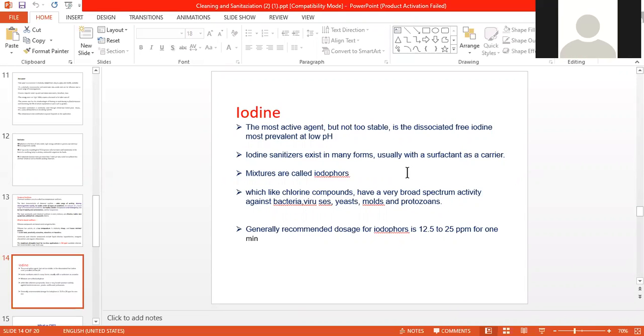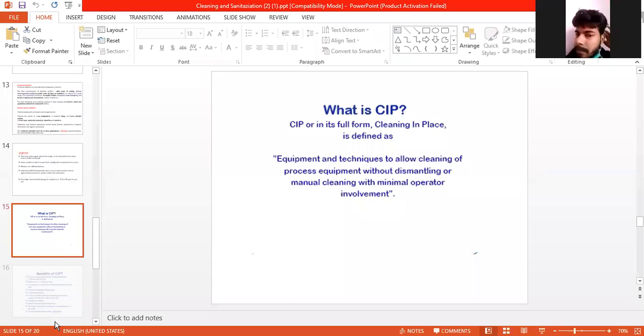Iodophores, like iodine and chlorine compounds, have very broad spectrum activity against bacteria, virus, yeast, mold, and protozoa. The generally recommended dose for iodophores is 12.5 ppm to 25 ppm for 1 minute only. That is sufficient for the cleaning of the equipment.